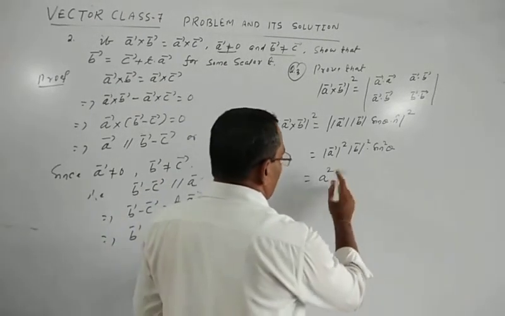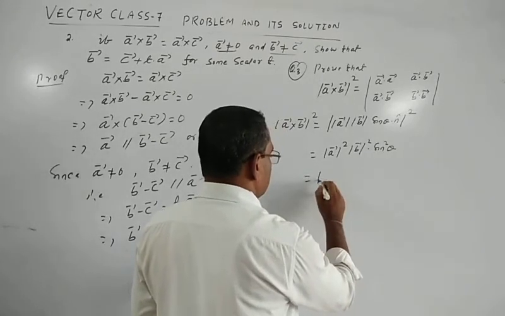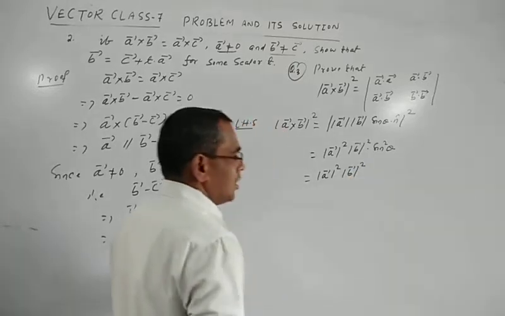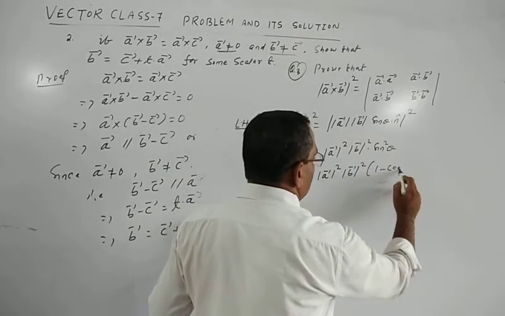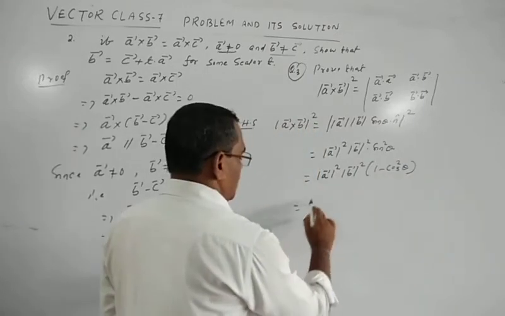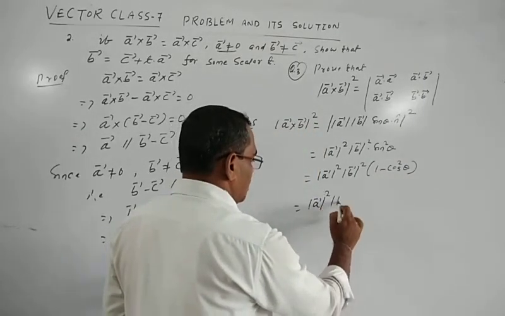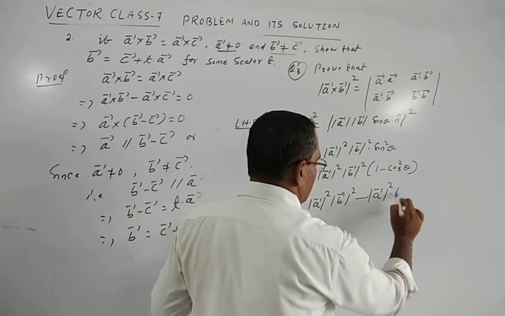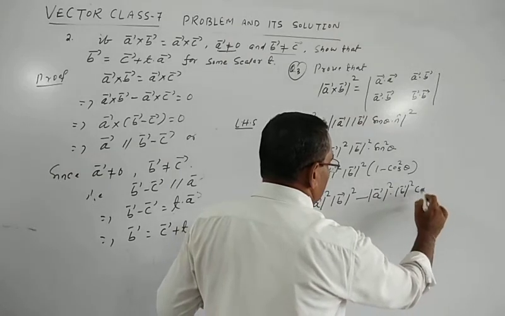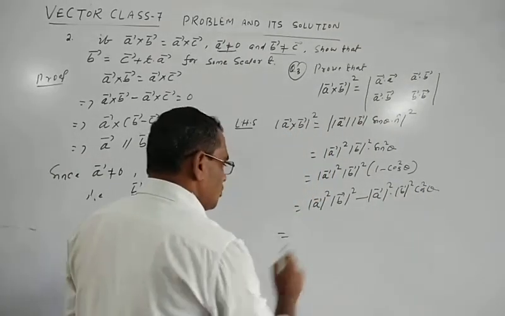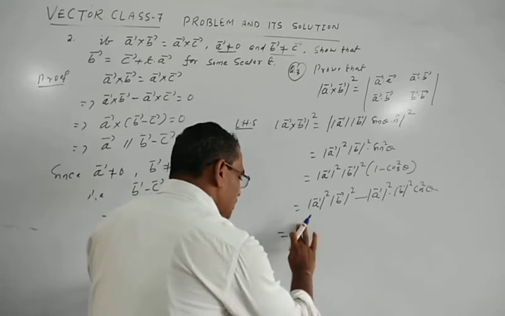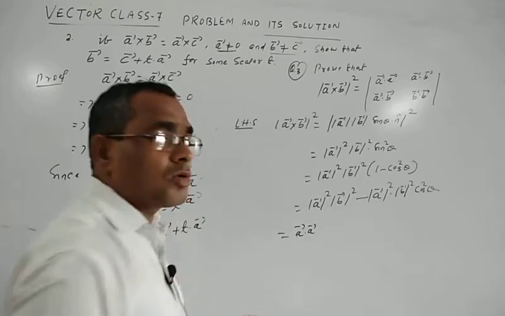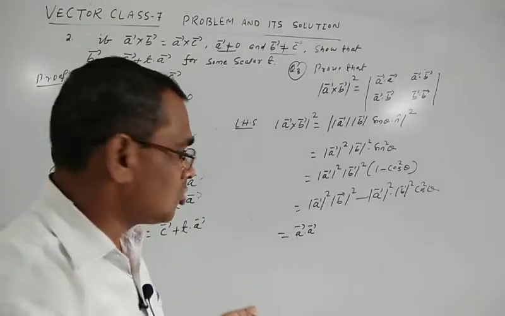Sin square theta is equal to 1 minus cos square theta, so this is equal to A magnitude square into B magnitude square minus A magnitude square into B magnitude square into cos square theta. A vector magnitude square means A vector dot A vector, because the dot product of two equal vectors is equal to the square of the magnitude of that vector.